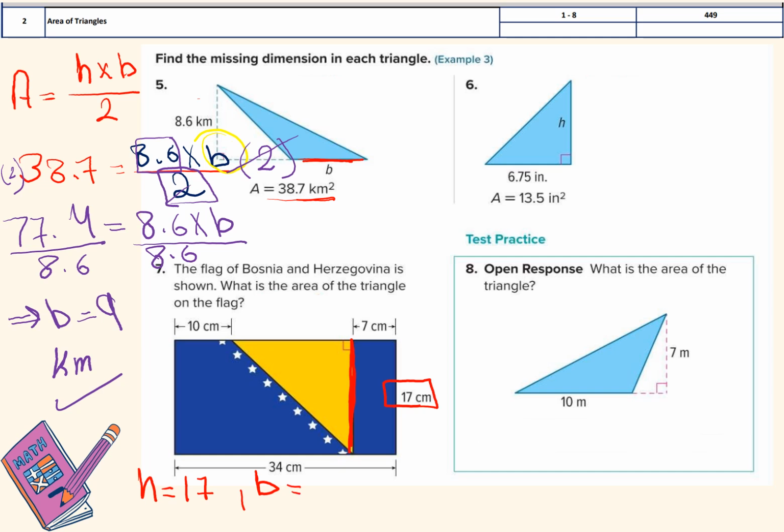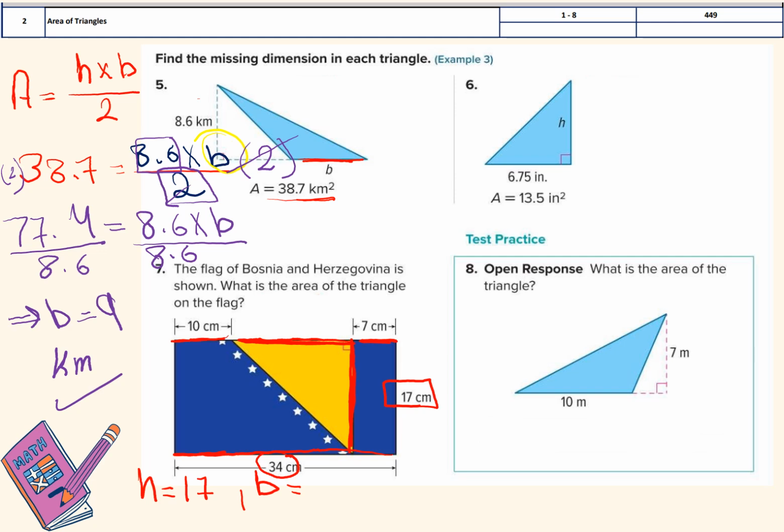Now, let's try to identify the base. The base is that part here, which is, as you see, missing. How can I identify the base? As you see here, the total length is 34. And this part here is 7. The other part here is 10.